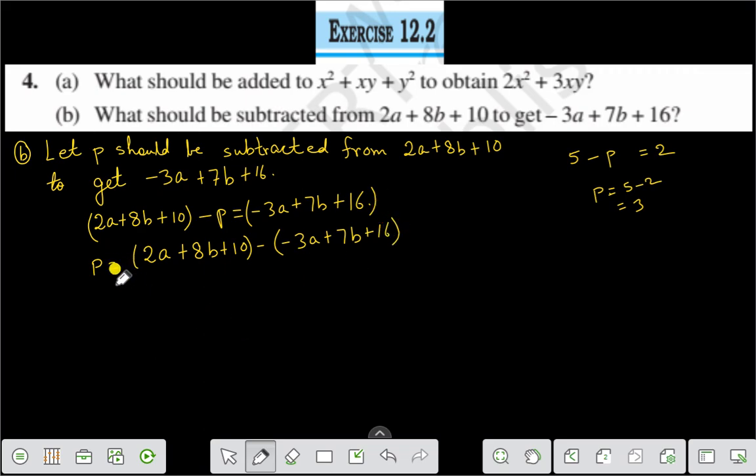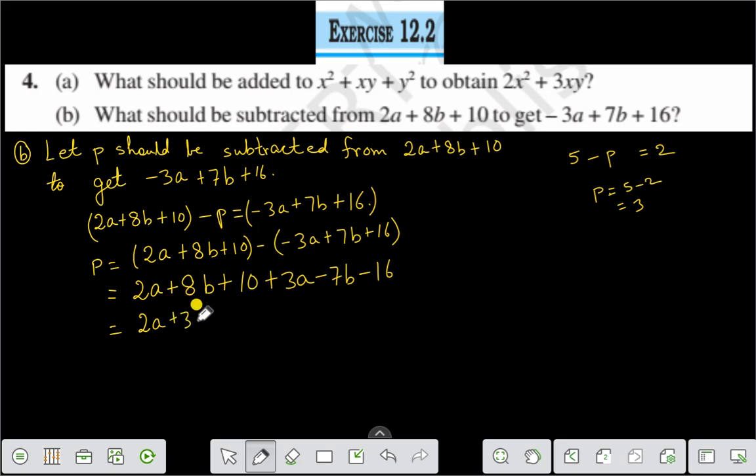Right? So we get the value, that is 2a plus 8b plus 10, minus into minus is plus 3a, minus into plus is minus 7b and minus into plus is minus 16. So we are getting 2a plus 3a.